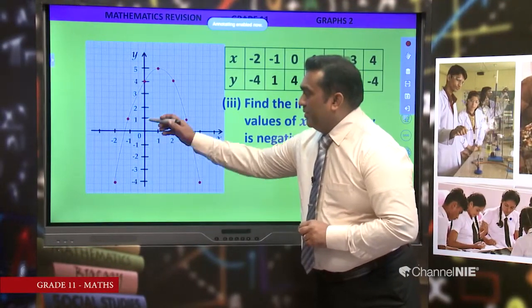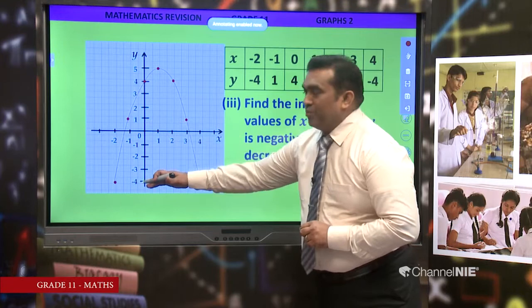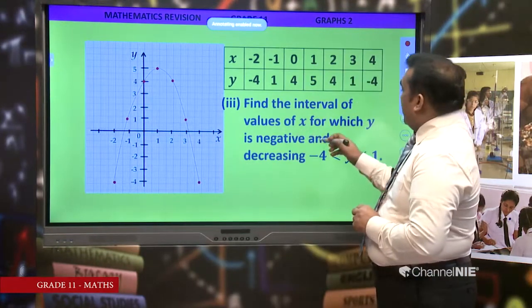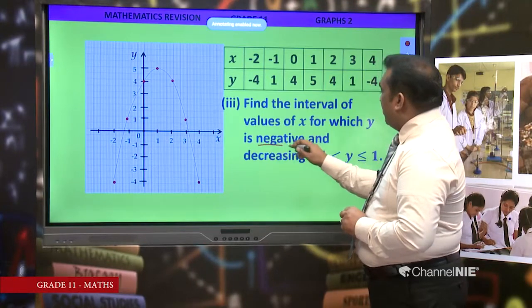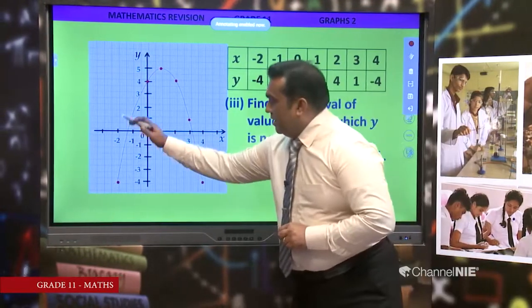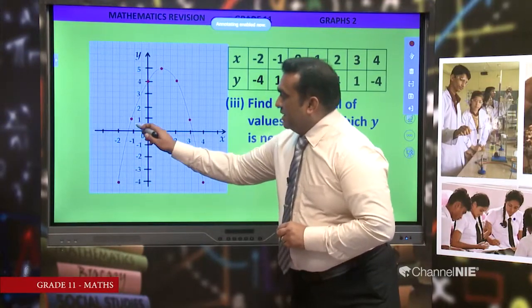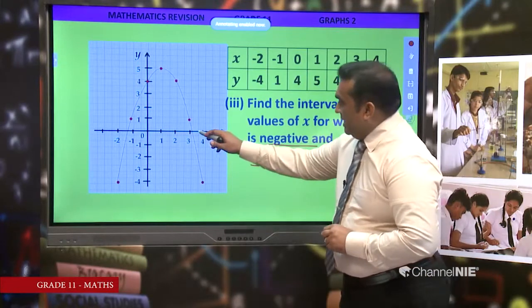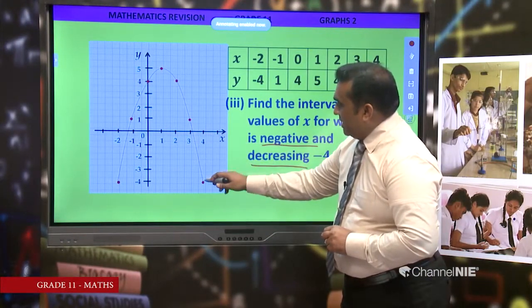Below the x-axis, y is totally negative. Here it is negative but increasing. Negative and increasing part here, negative and decreasing part here.